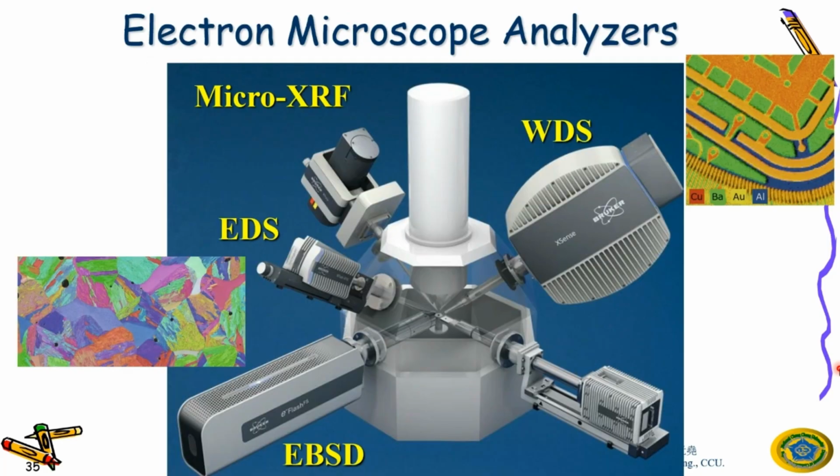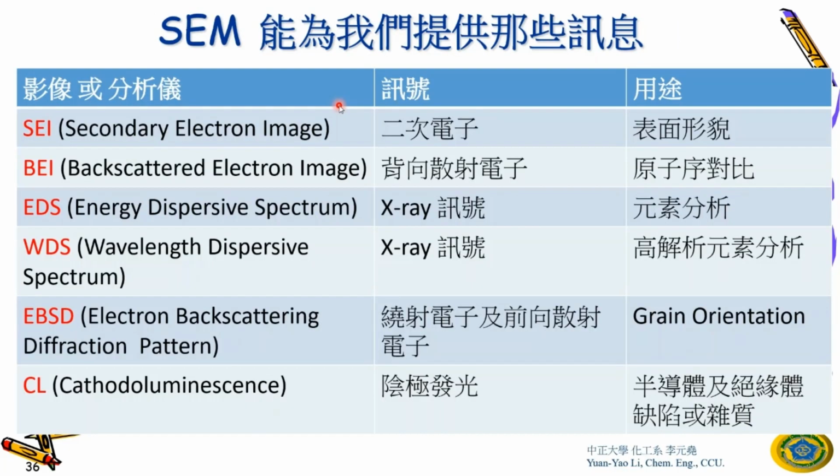I don't have time to tell you the details, but with some tools you can extract more information from SEM. You scatter the electrons from SEM, you get the information and read it, and you can explain it. So these are the information you can get from SEM.